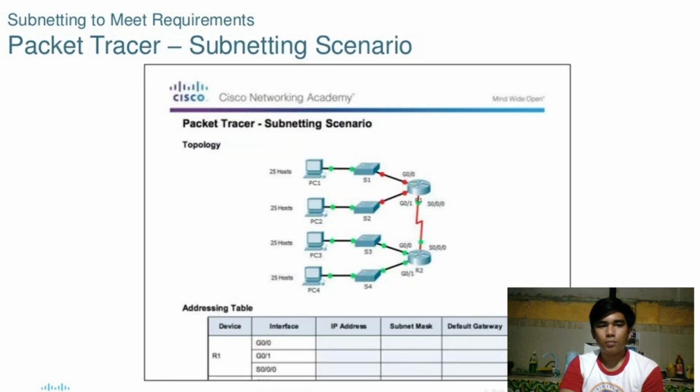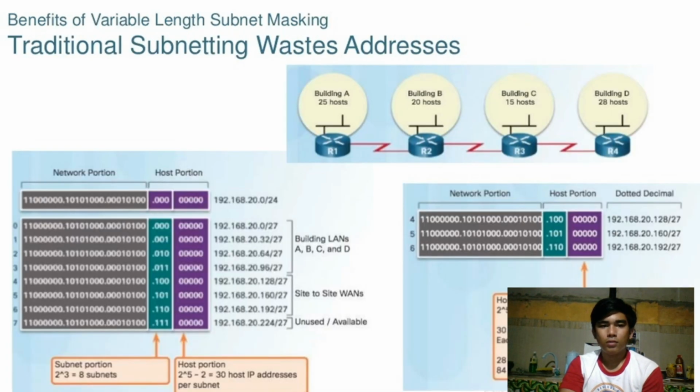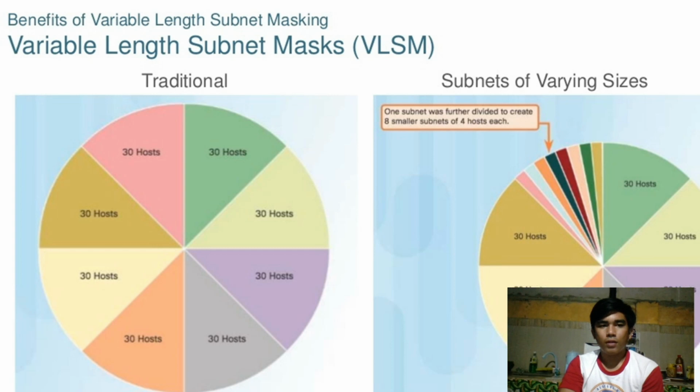Topology, Packet Tracer, variable length subnet mask. There are two pictures: traditional subnet and subnets of varying size.